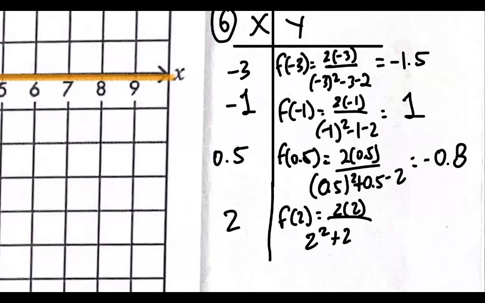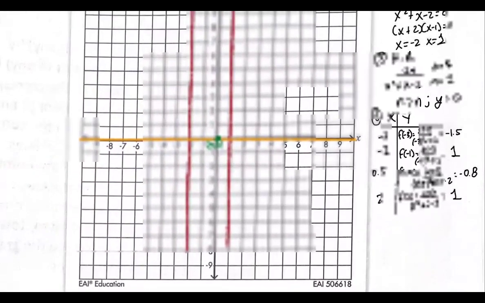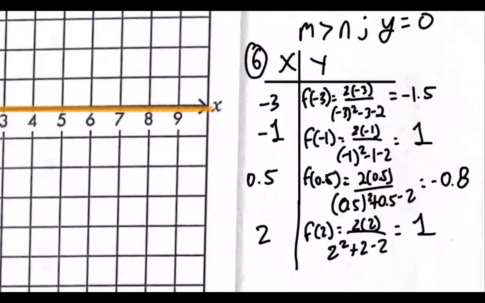Plugging in 2, you get 1 for this. So we have our coordinates -3, -1.5; -1, +1; 0.5, -0.8; and then 2, 1. So we had to plot 4 coordinates. I'll give you guys a chance to write it all out, and then we'll plot it.